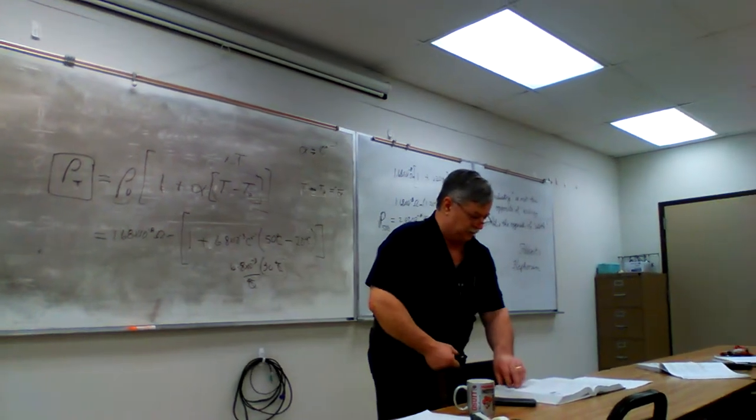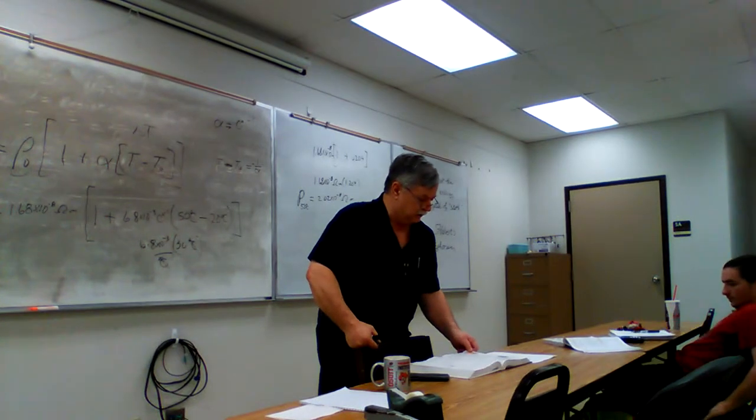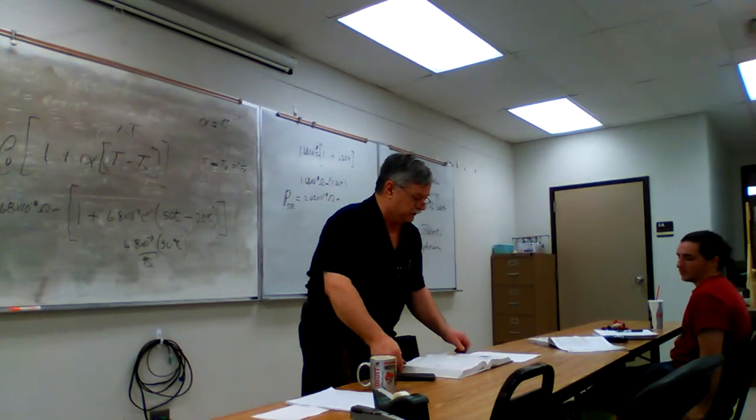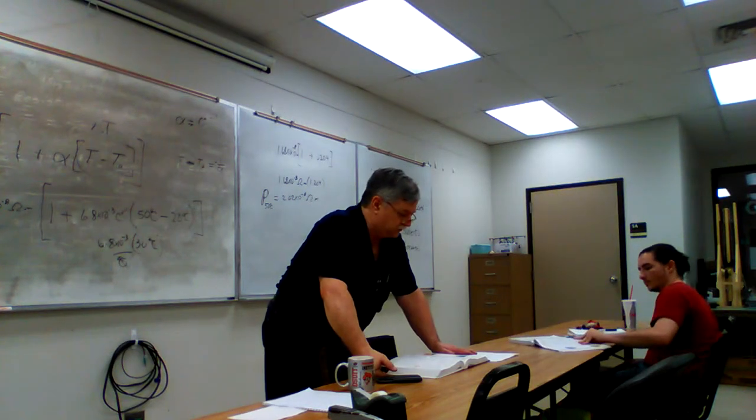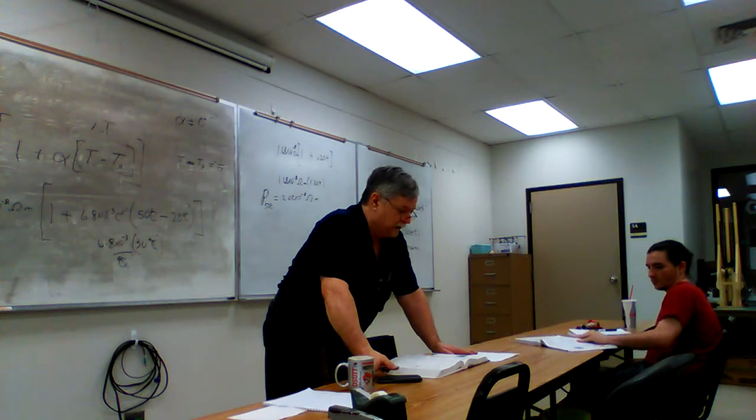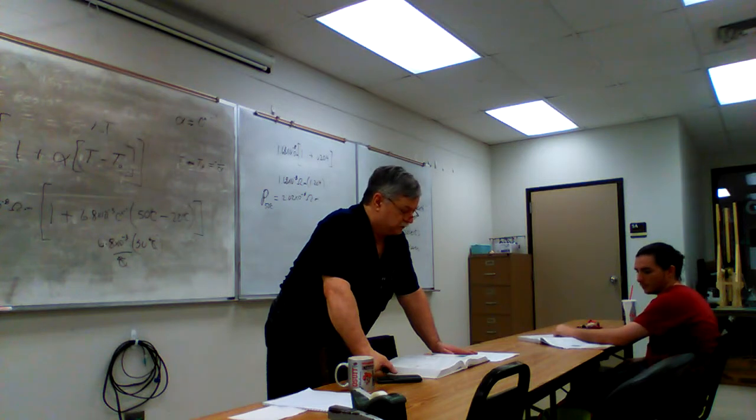I think there's an example of this in the book. Right here. Example 18.7. Resistance thermometer. The variation in electrical resistance with temperature can be used to make precise temperature measurements. Platinum is commonly used since it is relatively free from corrosive effects and has a high melting point.